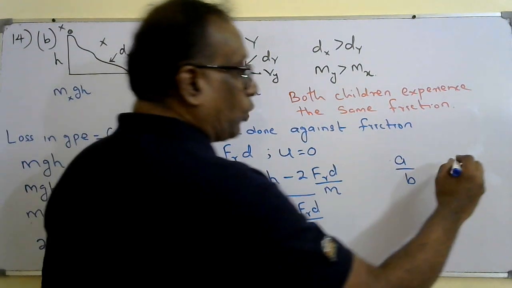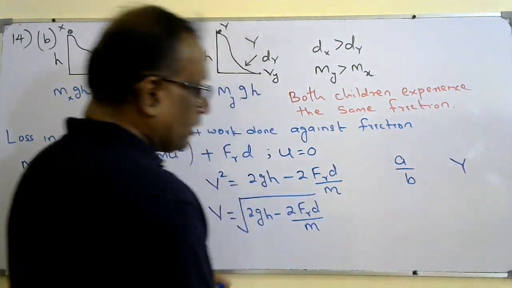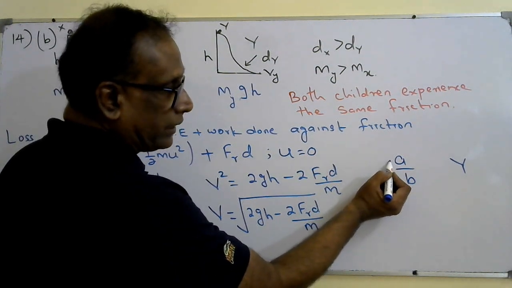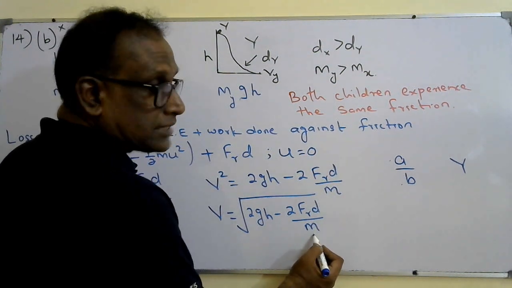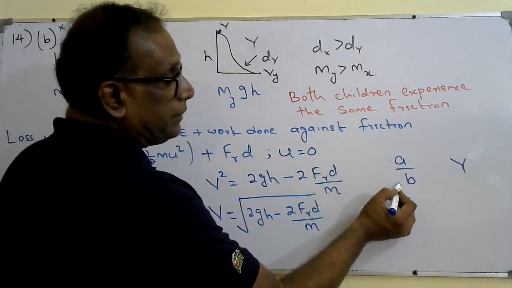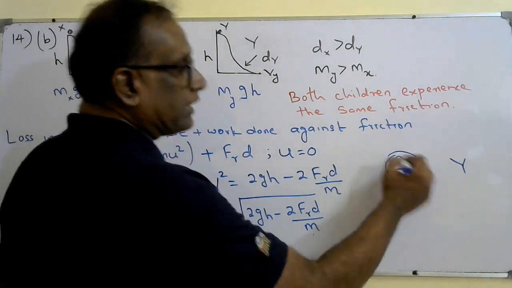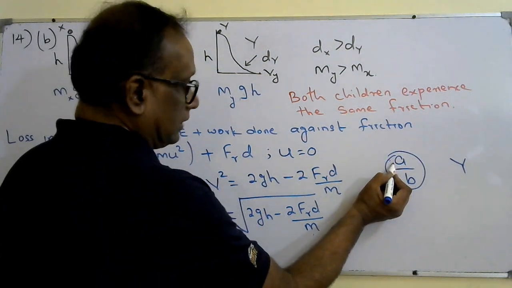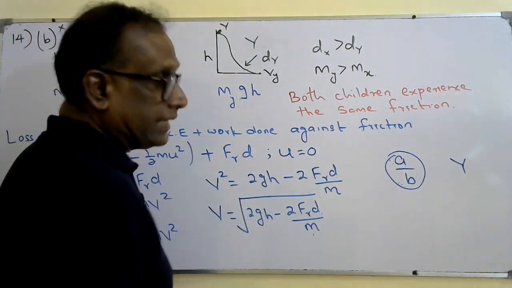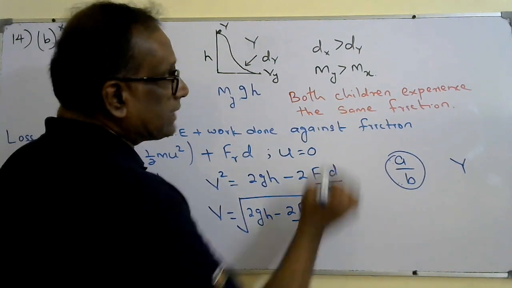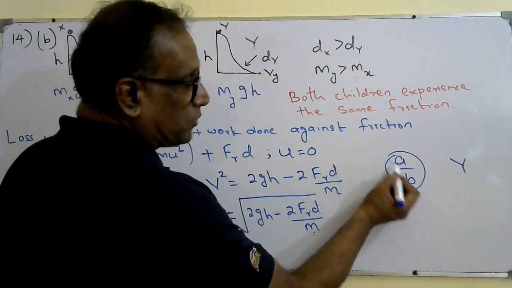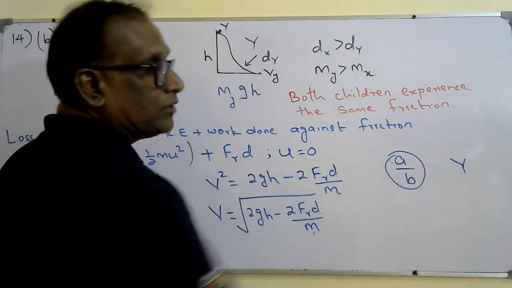When I consider the child Y, dy is smaller, so a becomes smaller, b becomes larger, because mass of the child Y is larger, so a becomes smaller and b becomes larger, means this fraction will become smaller. Numerator smaller, denominator larger, means this fraction will become smaller.